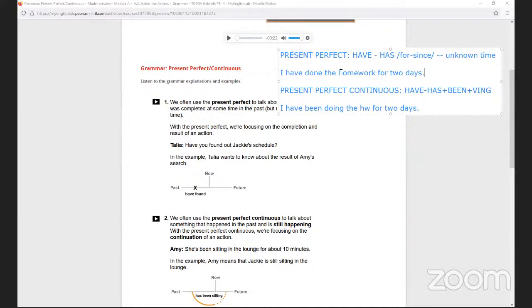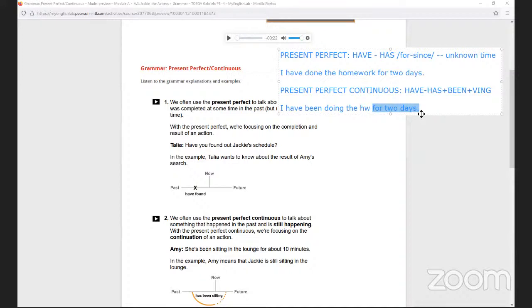But when we use continuous, of course, the action is in progress. But how are we gonna differentiate the time? It says, I have been doing the homework for 2 days. So what does it mean? Right now, for example, today is Monday, and I am saying this sentence.